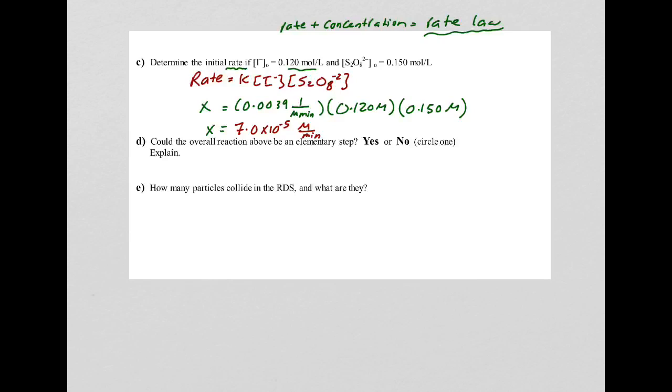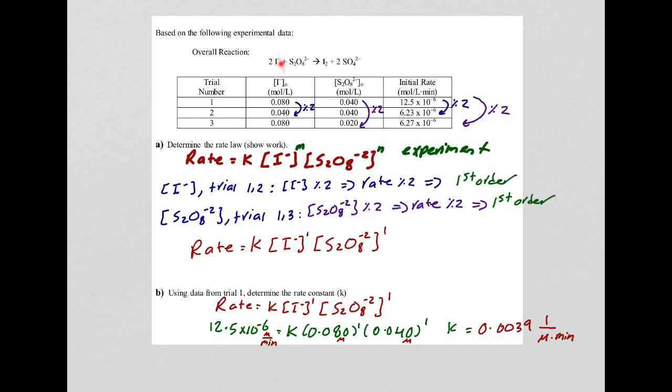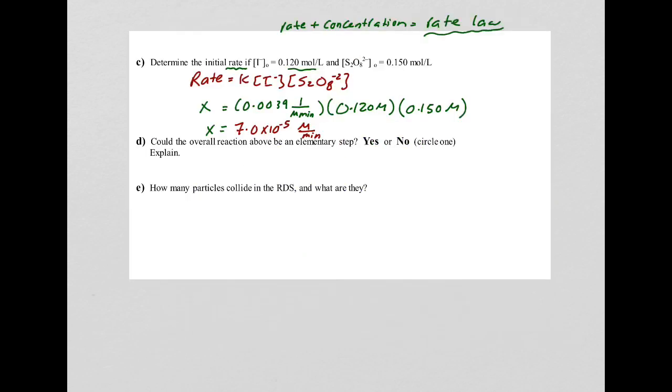Oh, 2 more, but I like this last part. Could the overall reaction above be an elementary step? Okay, so what do you think? They're talking about this reaction. They ask, could this reaction be an elementary step? Here's what I need you to remember for the elementary step.